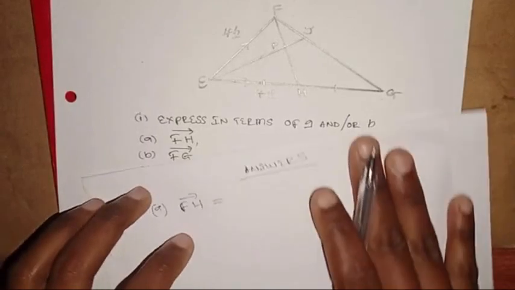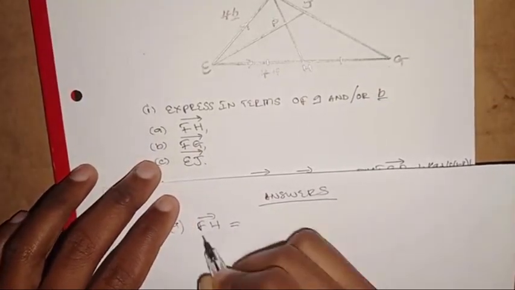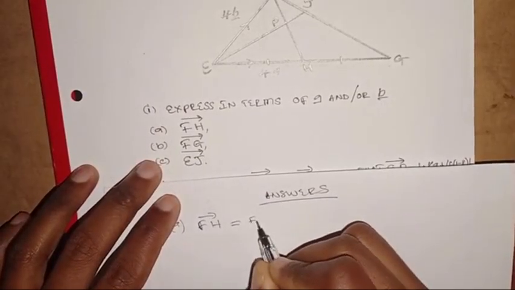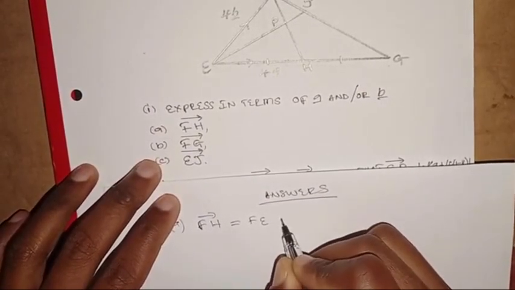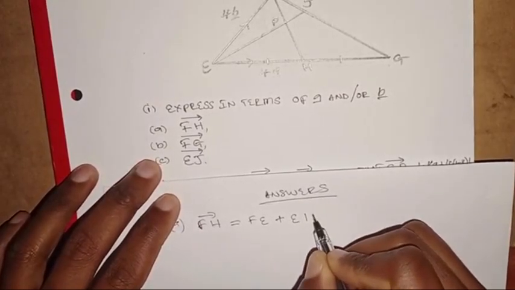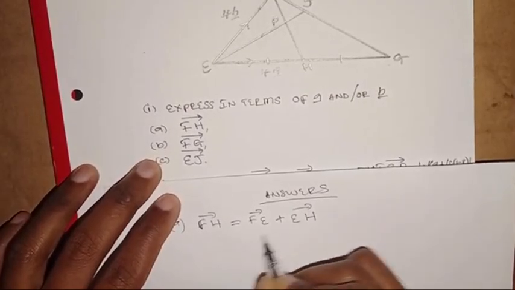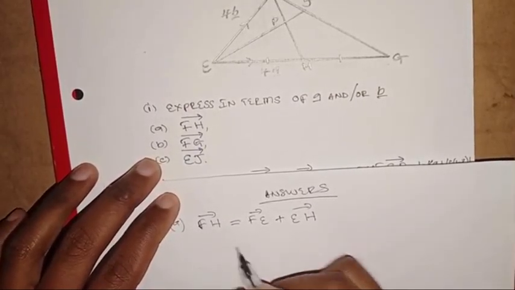So we can write this as follows. FH equals FE plus EH. Okay, so these are vectors. We put arrows. Don't forget to indicate arrows in the exam.